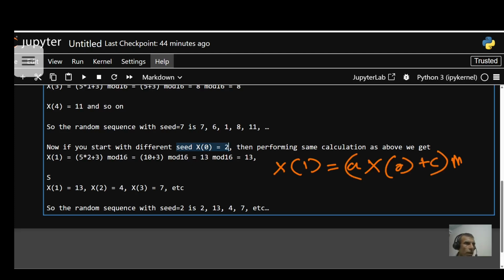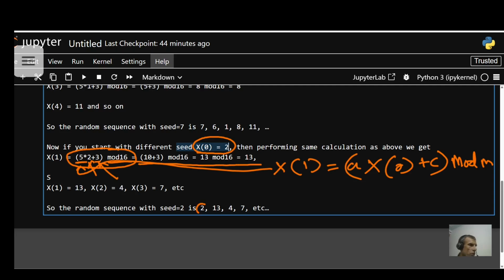My a is 5, and x0 is 2, as defined over here, so that's where 2 is coming from, plus c, which is 3, and then mod 16. You do your computation, and the answer is 13.